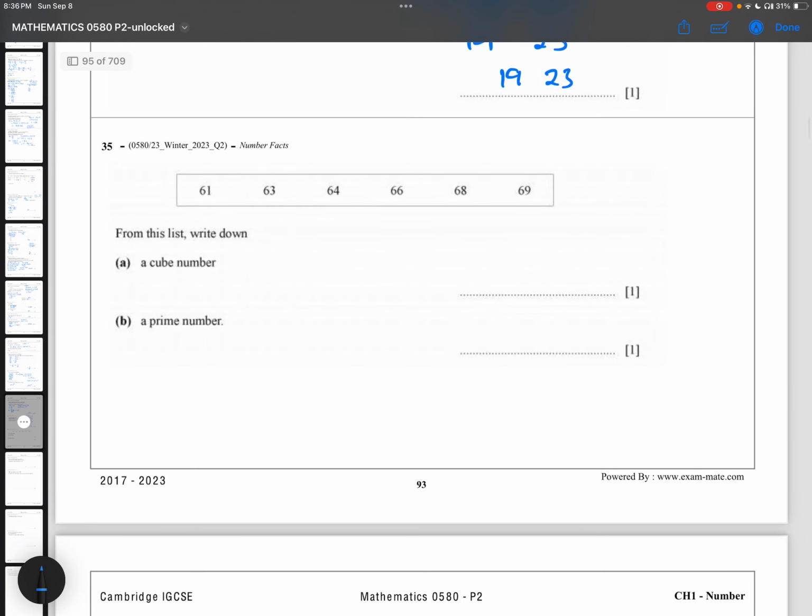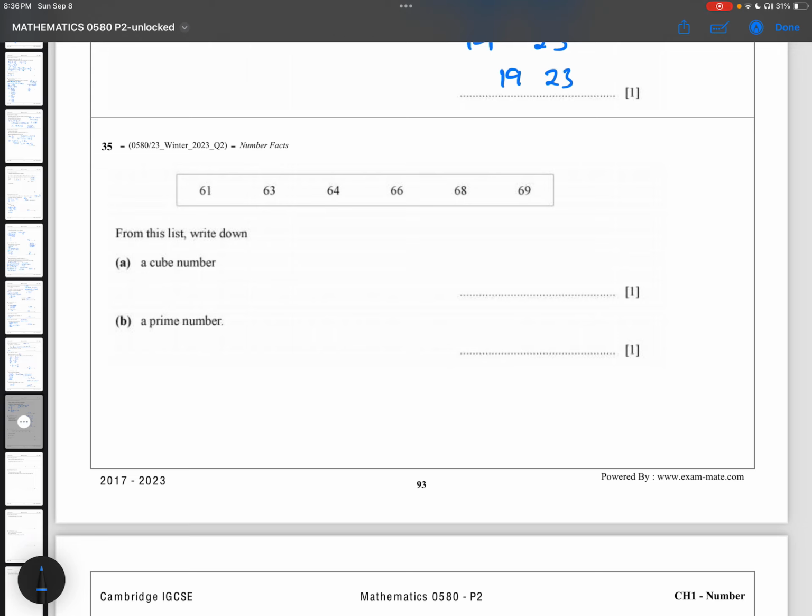In question number 35, we have been given a list of numbers. The numbers are 61, 63, 64, 66, 68, and 69. Part A says write down a cube number. So you should learn the perfect cubes and perfect squares: squares up till 16 or 17 and cubes up till 9.